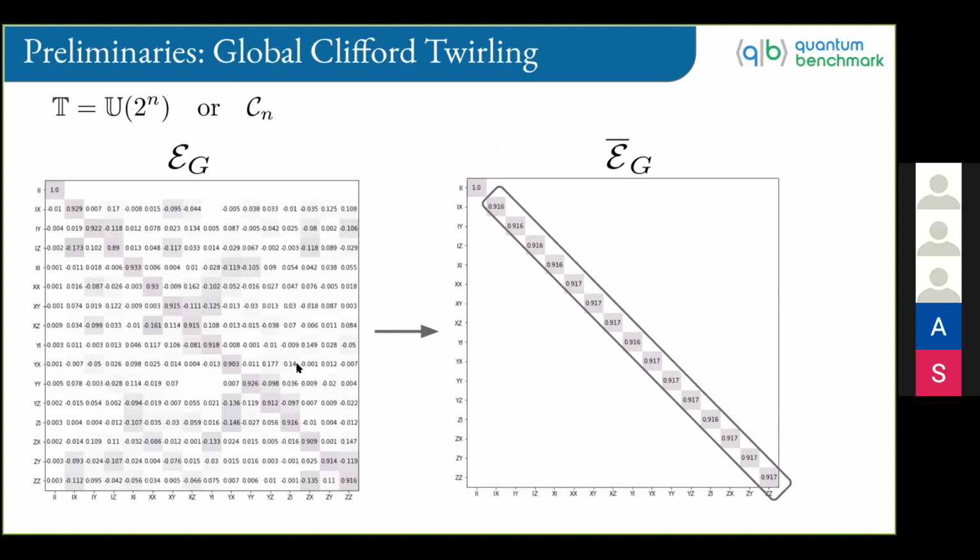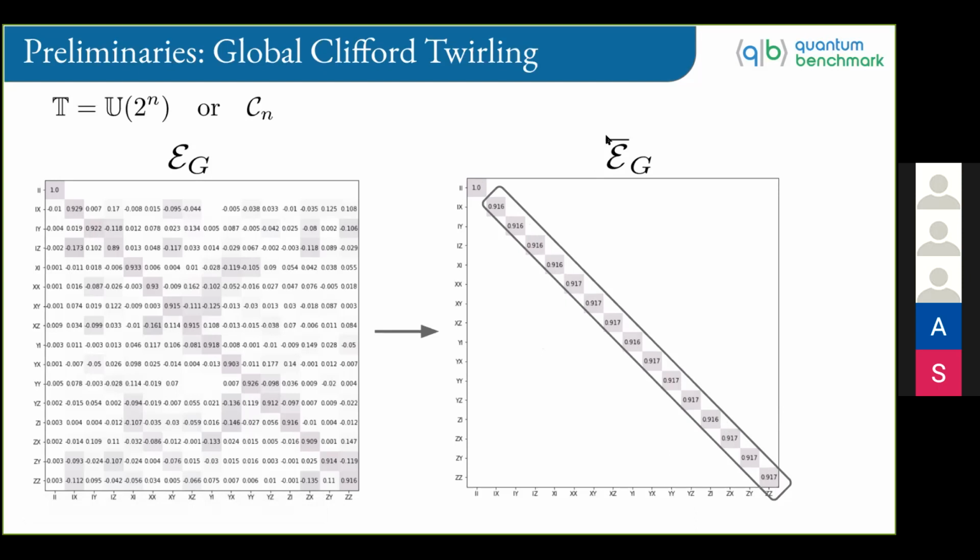But what happens is that we take this PTM that's dense and we reduce it to its diagonal. But not only that, we make all the diagonal elements equal except for the first element. And so these elements are actually equal to the average of these elements over here. You see some of them are 0.916 and some are 0.917. That's just numerical accuracy. They should all actually be equal.